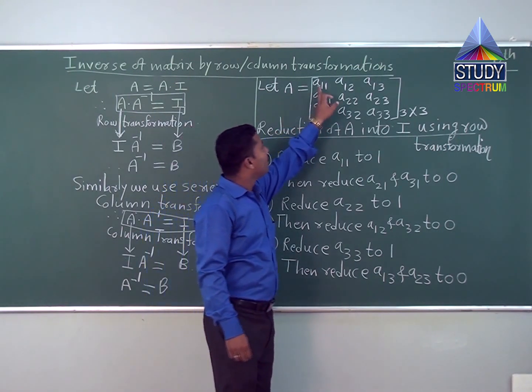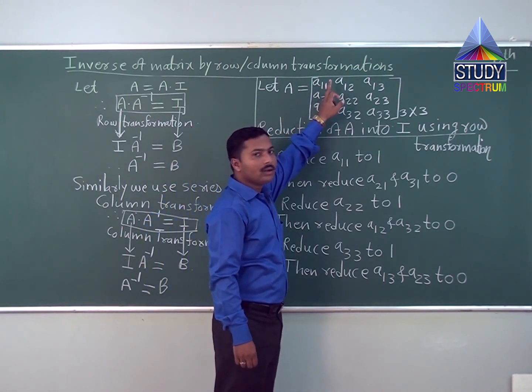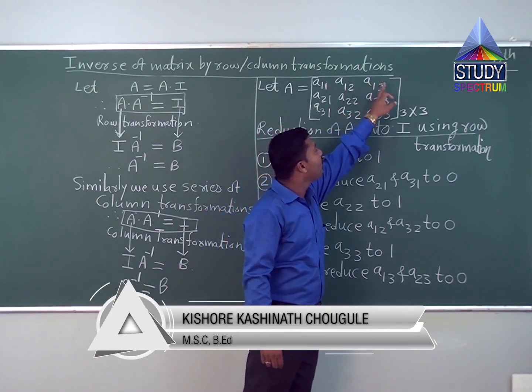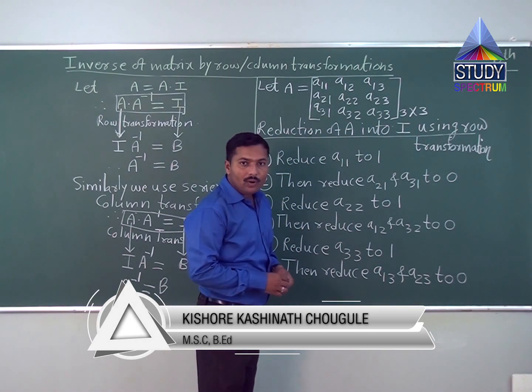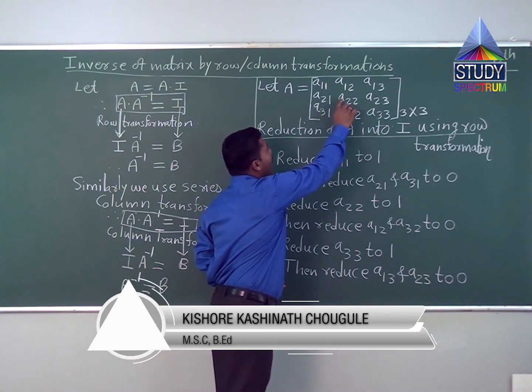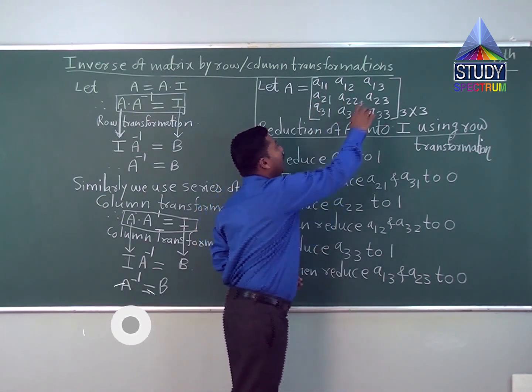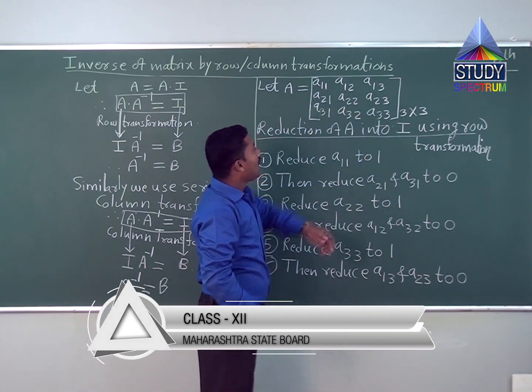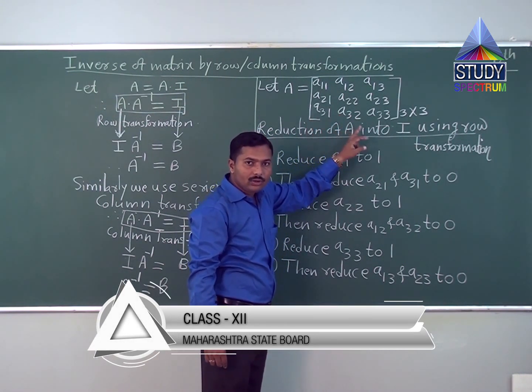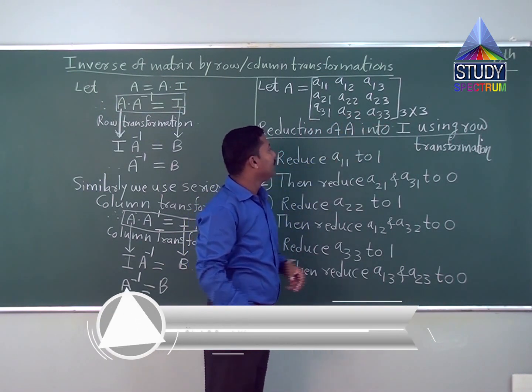All elements: first row A11, A12, A13, second row A21, A22 and A23, and the third row A31, A32 and A33.